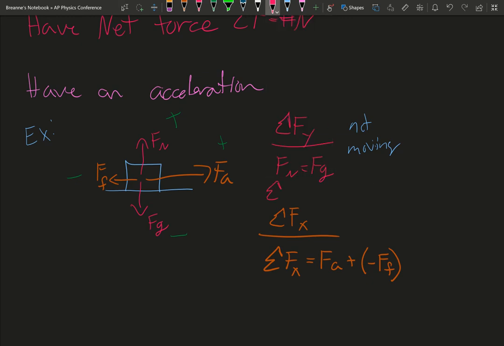And you can do the same thing with this equation over here. Your net force in the y direction equals your force of normal plus your negative force of gravity.